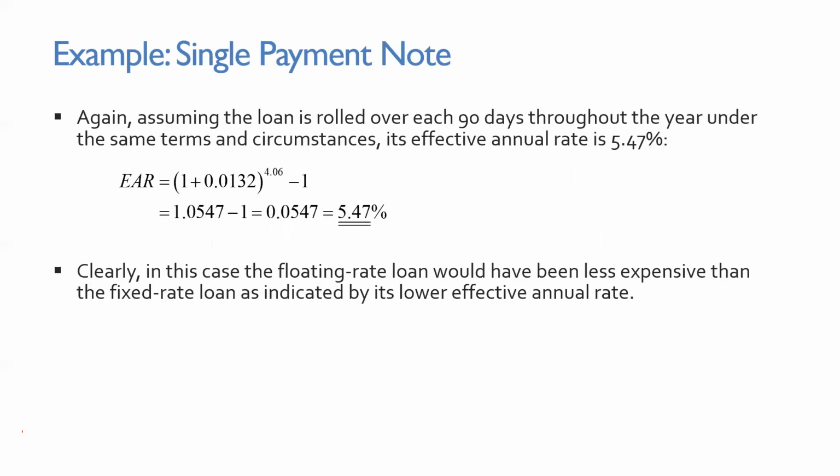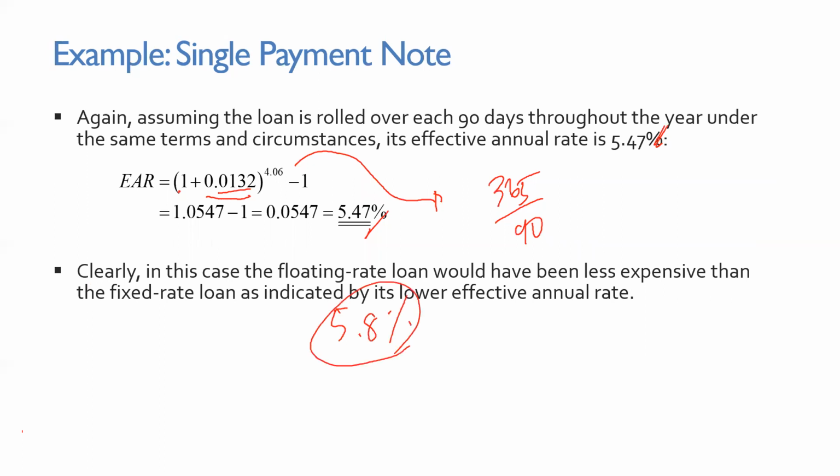So, assuming that the loan is rolled over every 90 days, the effective annual rate is 5.47. So, that is 1 plus the interest rate, 1.32% raised to, saan nga nakuha yung 4.06? That's 365 divided by 90 days. Okay, minus 1. So that's 5.47%. So clearly, in this case, the floating rate loan is less expensive because 5.8 yung kanina, di ba? Yung Bank A. So Bank B is definitely the cheaper source of financing.